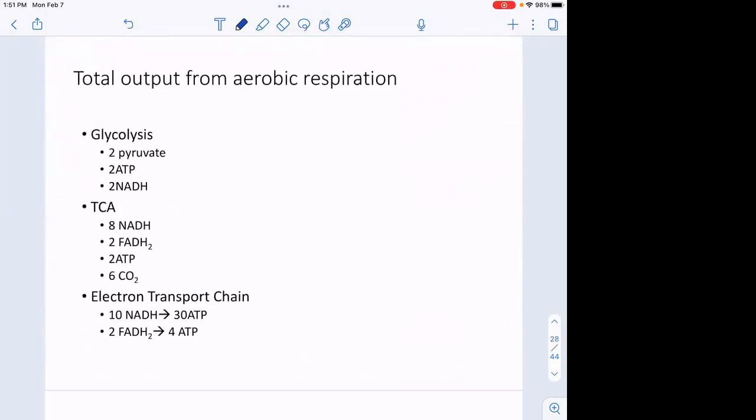so to wrap up aerobic respiration, if we talk about per glucose, and in a minute we're going to talk about what if it's not glucose, and what if it's some other electron acceptor other than oxygen. But this is, at least in theory, what we get from respiration, both bacteria and eukaryotes.